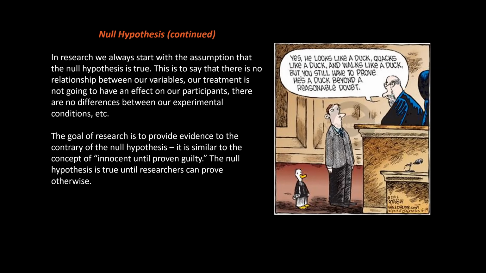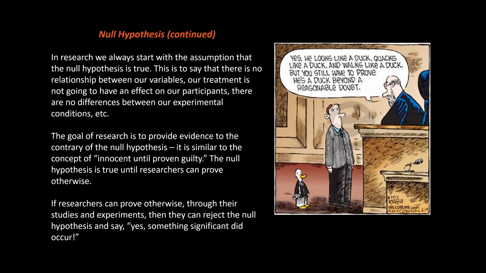But we have to start from a place of nothing is going to occur. And then we have to provide evidence and prove otherwise. So if researchers can prove otherwise through their studies and experiments, then they can, what we call, reject the null hypothesis. And when we reject the null hypothesis, we are rejecting the idea that nothing is happening. So we are saying that something significant did happen.